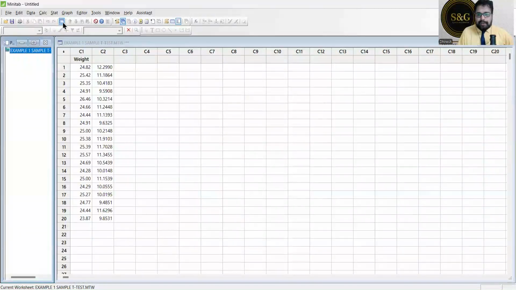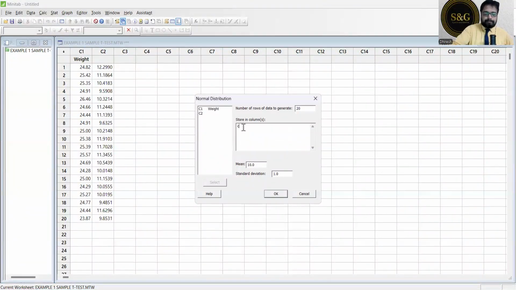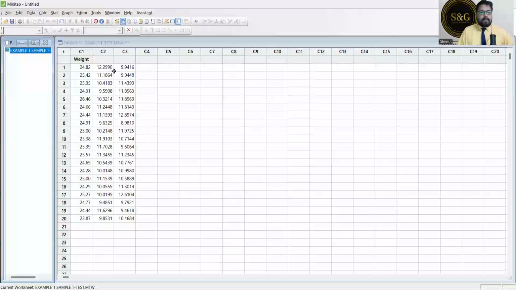And in the C3 column, instead of mean 10, I will generate mean 11. I will keep standard deviation the same. And I will say okay. Okay, so here, this is C2 column and this is C3 column.